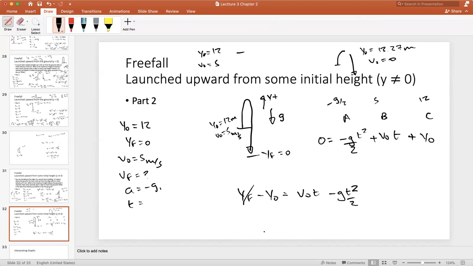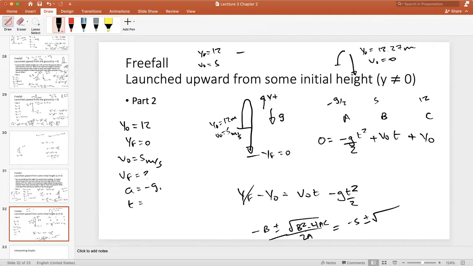And I plug it into the quadratic equation. Remember, I'm solving for t here, the total time, all over 2a. So this becomes minus 5 plus or minus the square root of 25 minus 4 times g over 2 times 12, which is 2g times 12, so with a plus. So this would be 25 plus 2 times 9.81 times 12.